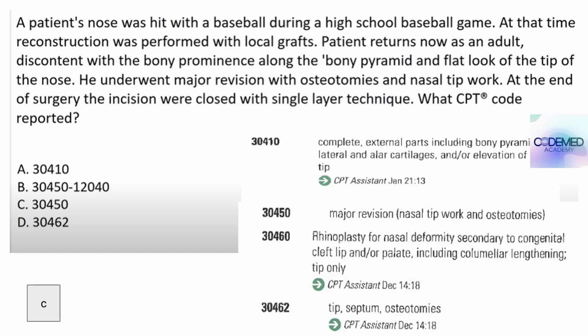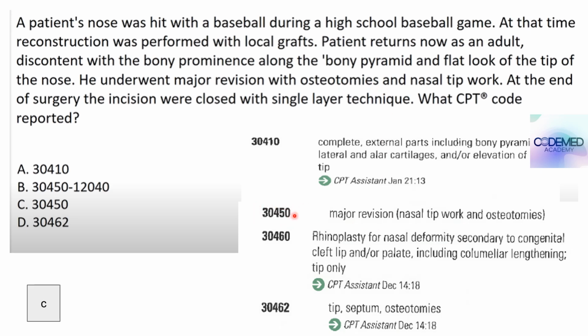Now let us look at our options. 30410 is an option for the primary rhinoplasty. Now in this case, this is a rhinoplasty that they are doing again. So it is a major revision, and we have this major revision with the osteotomies.